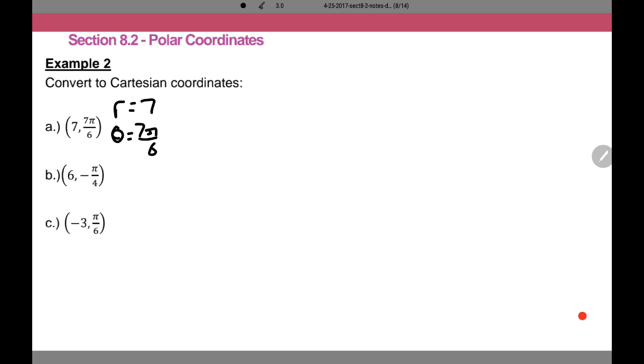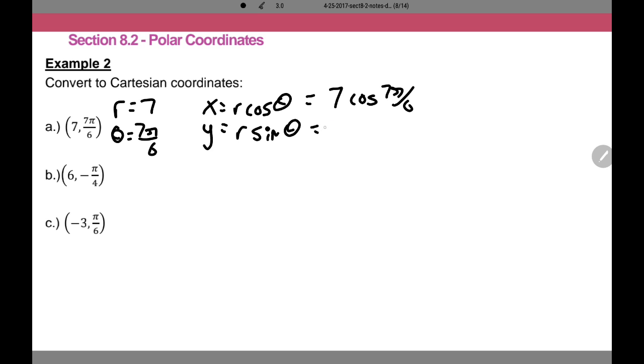And we can go ahead and get our equation set up. So x is equal to r cosine theta. Y is equal to r sine theta. And we just plug these in. So we get 7 cosine 7 pi over 6 and 7 sine 7 pi over 6.